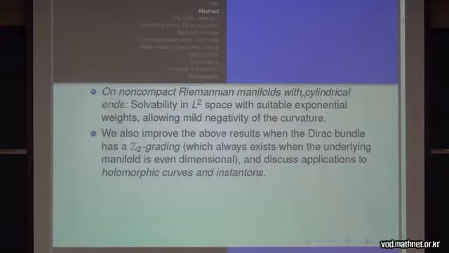But instead, if we consider half Dirac, I mean if there is a Z2 grading structure, then we can find some useful invariants by half Dirac. And finally, we will talk about the applications to holomorphic curves and extenders in G2 manifolds.